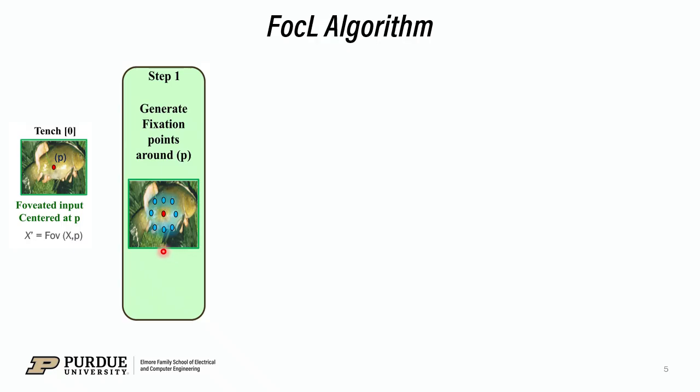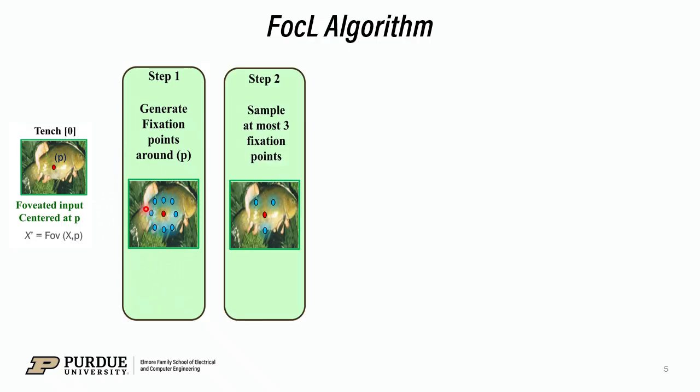Once you generate these fixation points, you have a hyperparameter that you choose depending on how many fixation points you want to sample. Here in this image, we are showing 3. In the paper, we do 1 and 3, but you can choose more depending on the dataset and your application region.